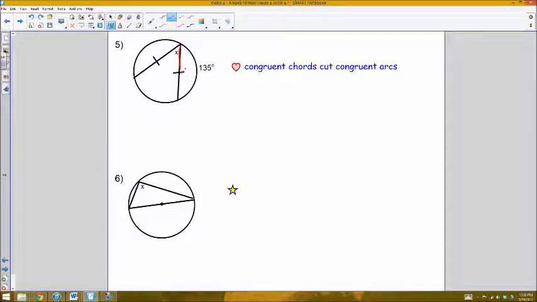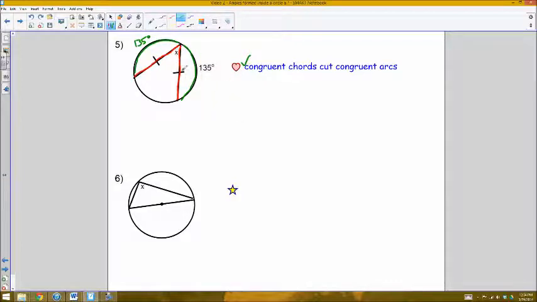In number 5, since this chord is congruent to this chord, the arcs that they cut, namely this one and this one, will be congruent to each other using this theorem. So since this one is 135, this arc will also be 135 degrees.